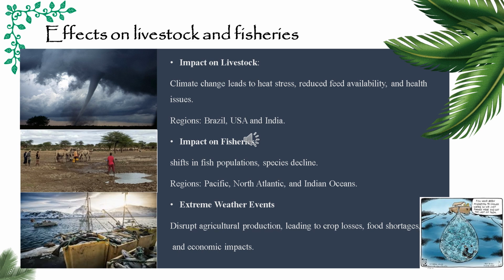In the Indian Ocean, sardine populations decline due to warming waters and changing monsoon patterns affecting local fisheries. Understanding these impacts helps in planning and adapting agricultural and fishery practices to maintain food security and economic stability in a changing climate.